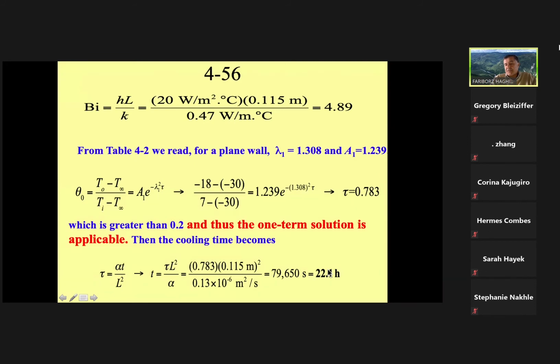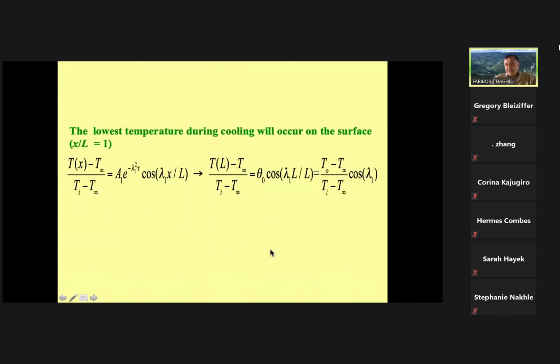Therefore, when I use the second equation here, the same lambda, the same A, and the same tau. This is the general equation. You can use this equation. You can put the same A1, the lambda 1 we got, and the same tau, and put x over L equal 1. Therefore, we can calculate this part. Forget about this part, okay?